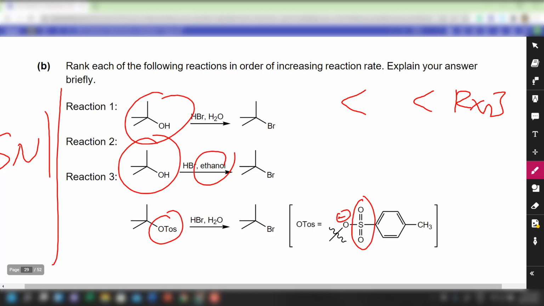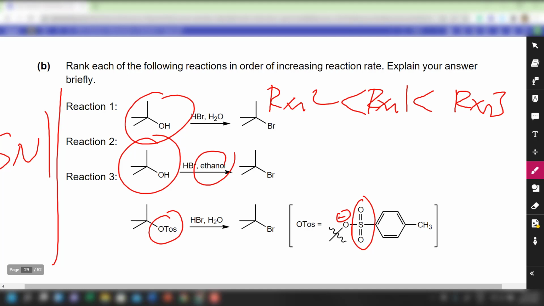In our case, I would expect water, being more polar, to stabilize the carbocation more. So I'll expect reaction 1 to be in the middle, and the slowest will be reaction 2. Ethanol, despite being a polar protic solvent, can stabilize the carbocation intermediate, but in terms of the extensiveness of hydrogen bonding, it will lose out to water.